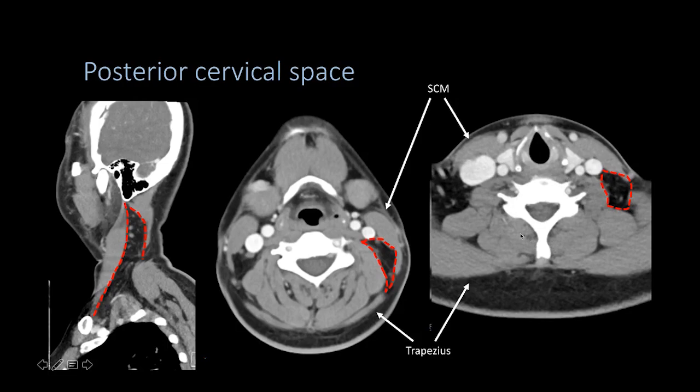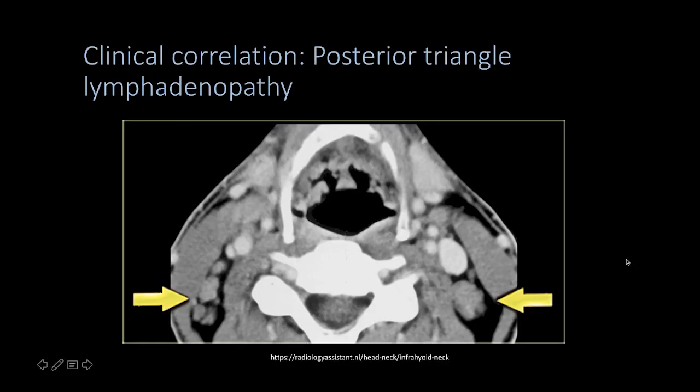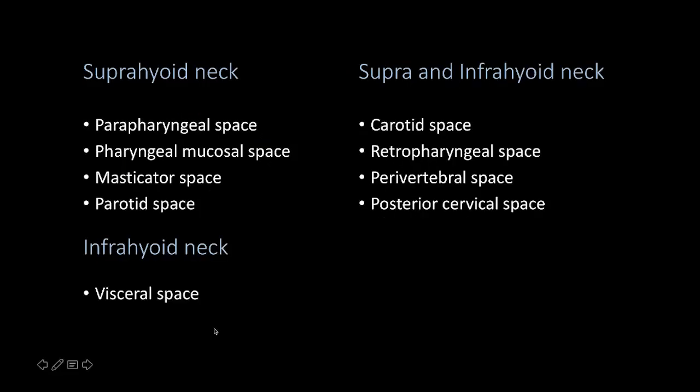Our perivertebral compartment, posterior cervical space, and then more superficially the sternocleidomastoid muscle and the trapezius muscle. And here we see a patient with some prominent, enlarged posterior triangle lymph nodes in that fat-filled posterior cervical space. So I think we covered all of these compartments.